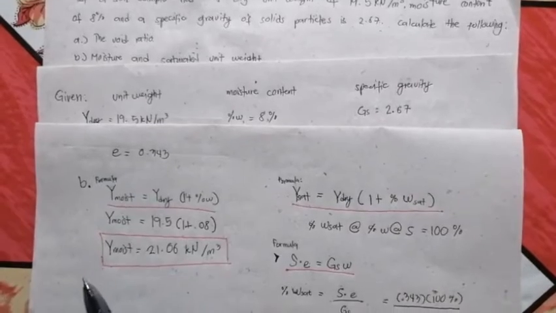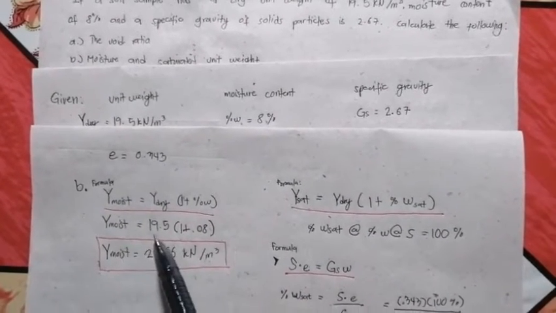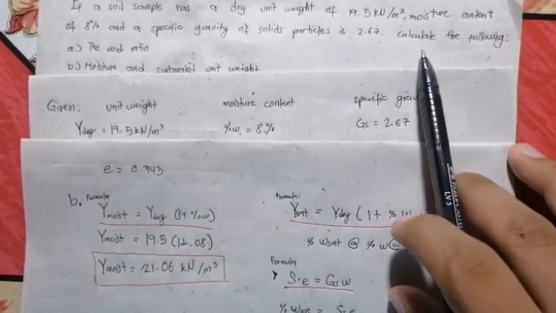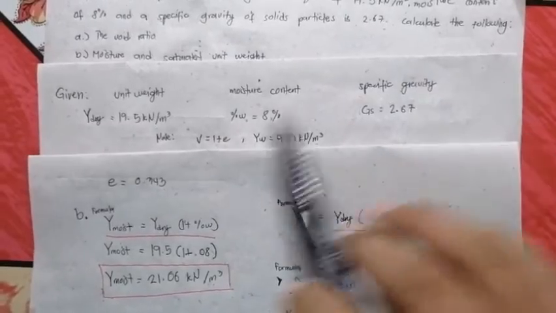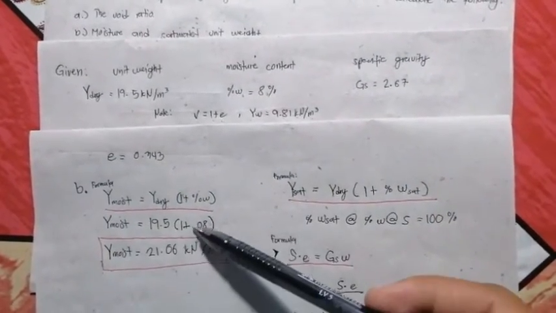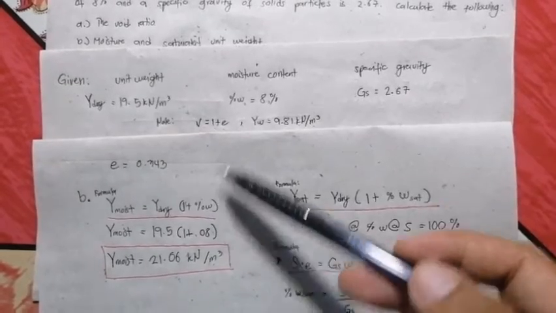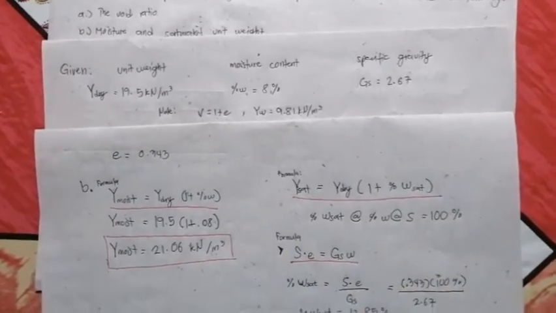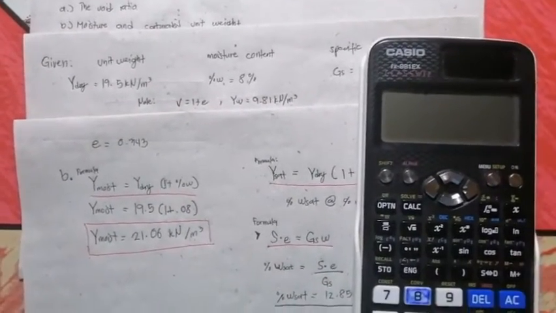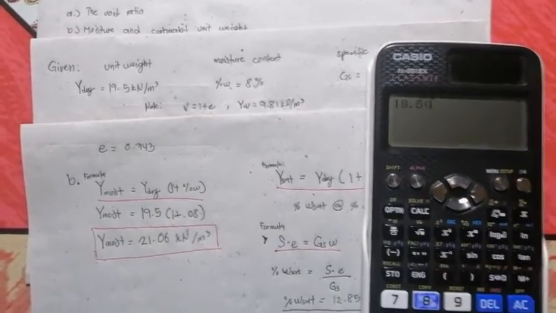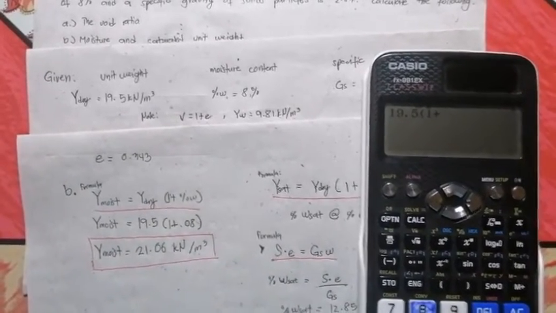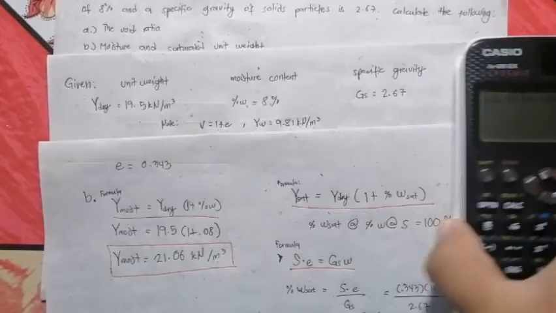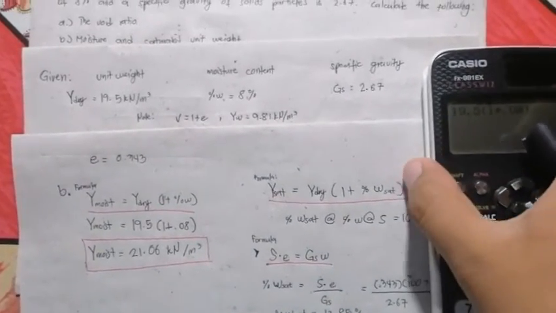So, unit weight of the moist is equals to 19.5 times 1 plus moisture content natin na 8% in decimal, which is 0.08. Solve lang po natin: 19.5 times 1.08, which is 21.06 kilonewton per cubic meter.